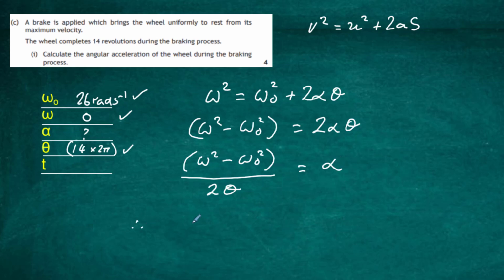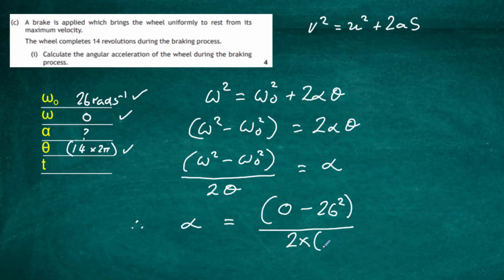So therefore alpha is going to be equal to the angular acceleration, bracket, final angular velocity is going to be 0 squared, which is 0, take away 26 squared, and then divided by 2 times, and it's going to be this 14 times 2 pi. We can't forget that. Don't put in 14, that's just really the amount of revolutions we have.